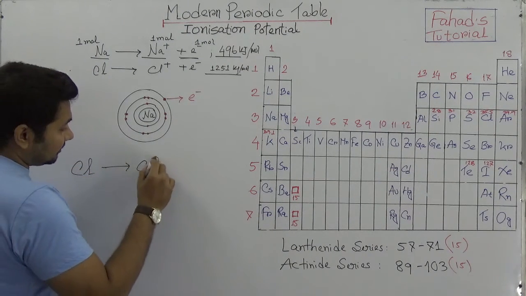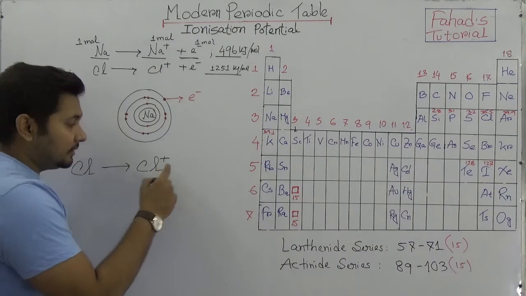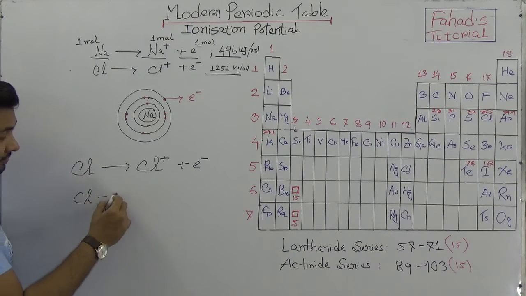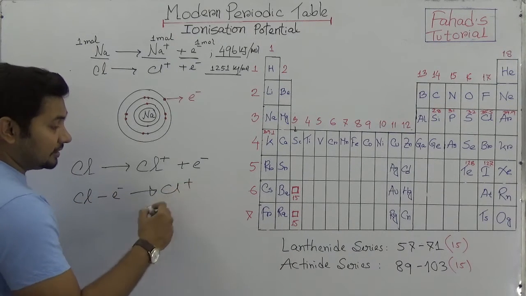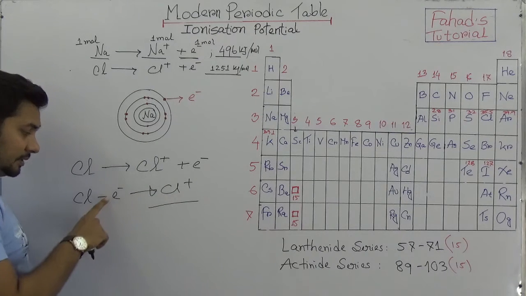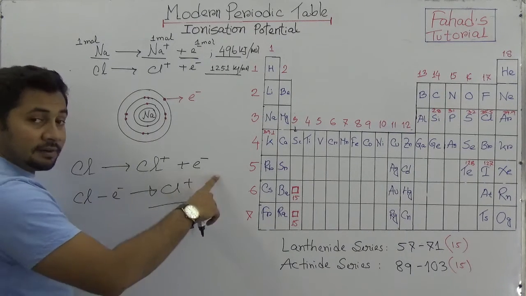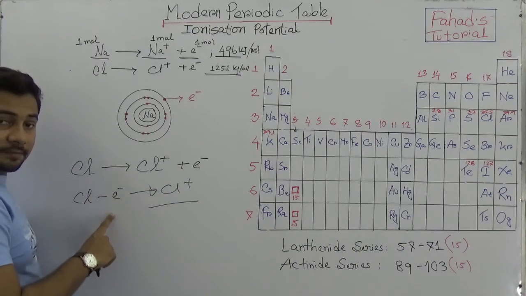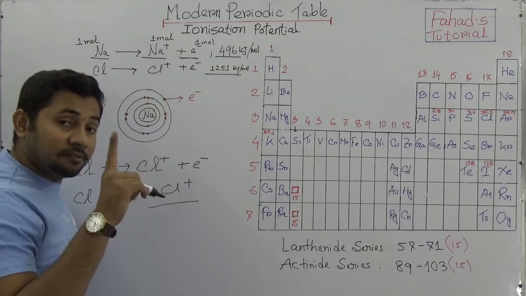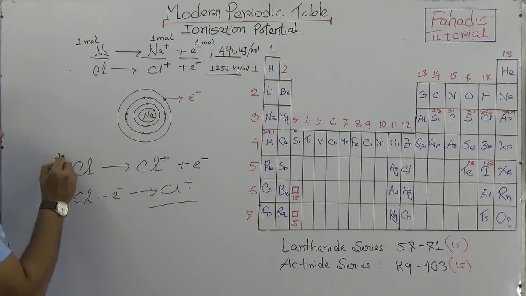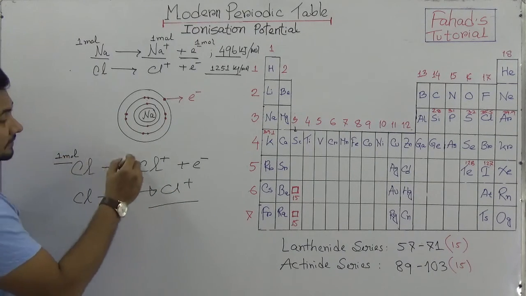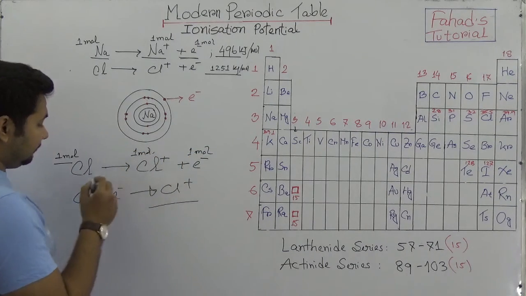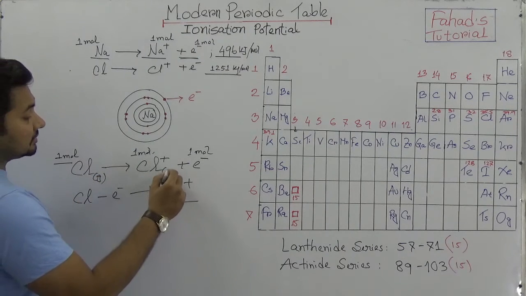Chlorine is becoming chlorine positive ion by releasing 1 electron. You can write chlorine releasing 1 electron and becoming chlorine ion positive, but we usually write the electron on the right side with a plus sign. This is 1 mole and this is 1 mole, and of course this should be in gaseous state.